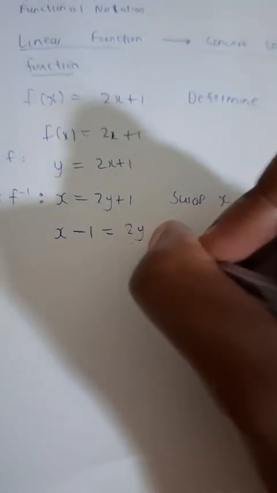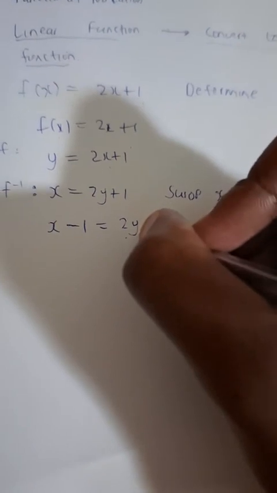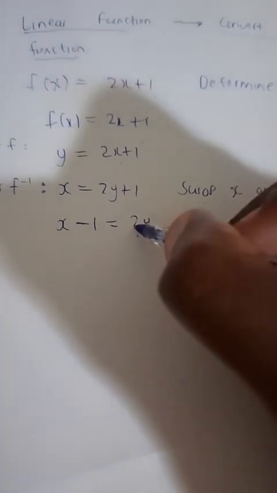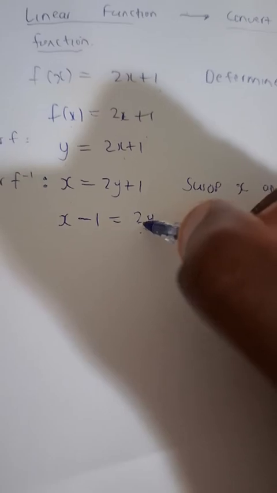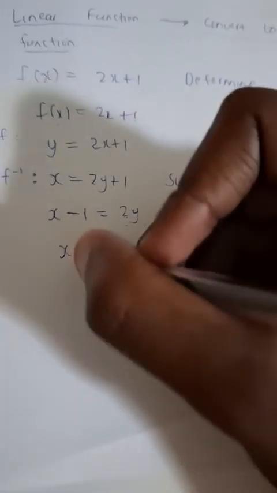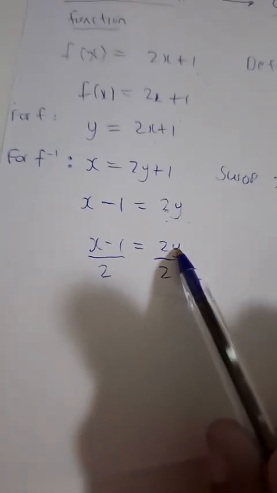Then after that, because 2 and y have a relationship of multiply, to get rid of this 2, what do we do? We divide both sides by the coefficient, which is 2. So practically speaking, you divide both sides by the coefficient of y, which is 2.